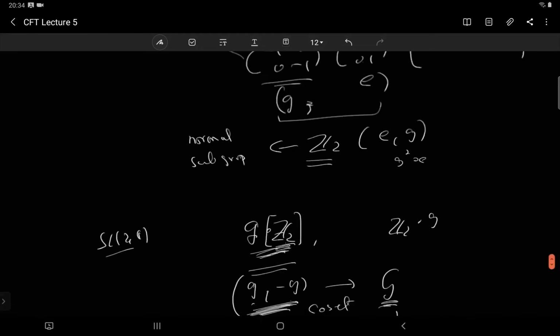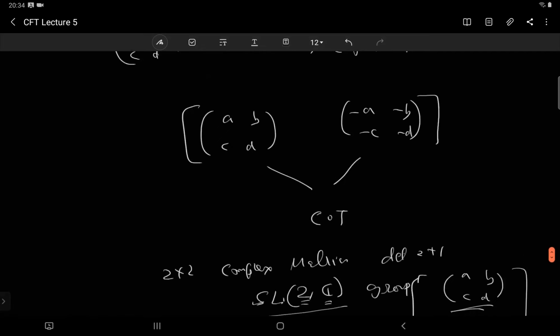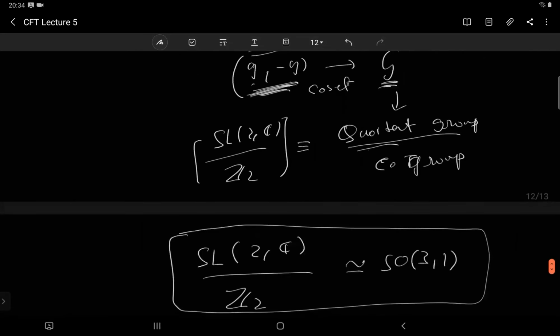But that is exactly what we said here, that G meaning ABCD and minus G meaning minus A, minus B, minus C, minus D is one element of the conformal group, and therefore we can immediately say that the quotient group is the conformal group. So the conformal group is not SL2C, but it is a quotient group of SL2C by the normal subgroup, which is Z2.